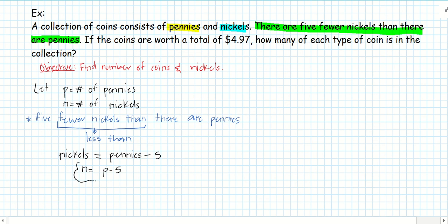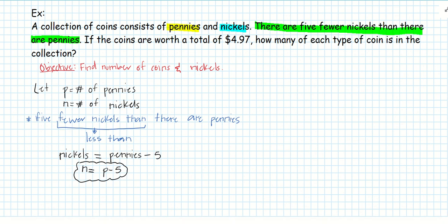Now this is an important part, okay? So we have found one equation, where I said that the number of nickels equals whatever number of pennies minus 5. Because again, it says there are 5 fewer nickels than there are pennies, okay?